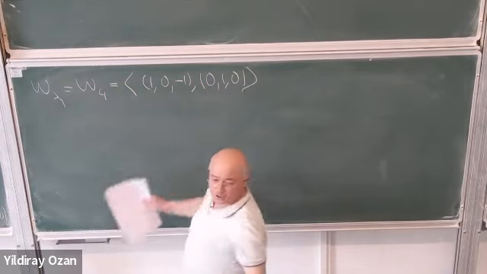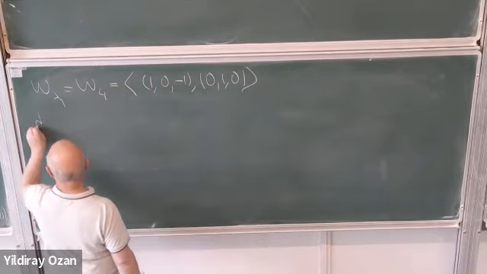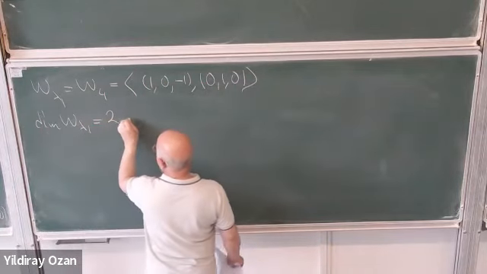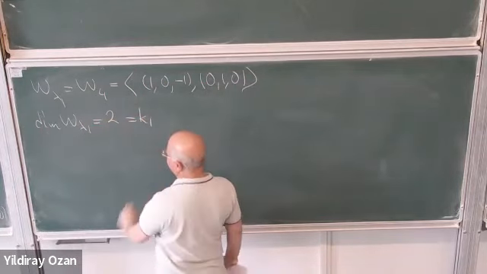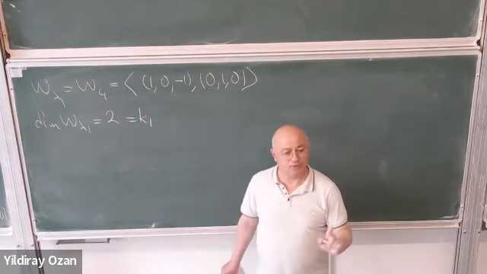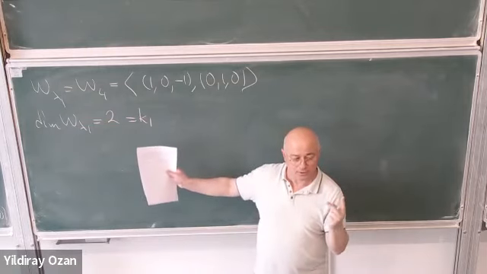So it is dimension 2, right? It is dimension 2, which is equal to K1. Therefore, this matrix will be diagonalizable, right? Because I have two eigenvectors here.